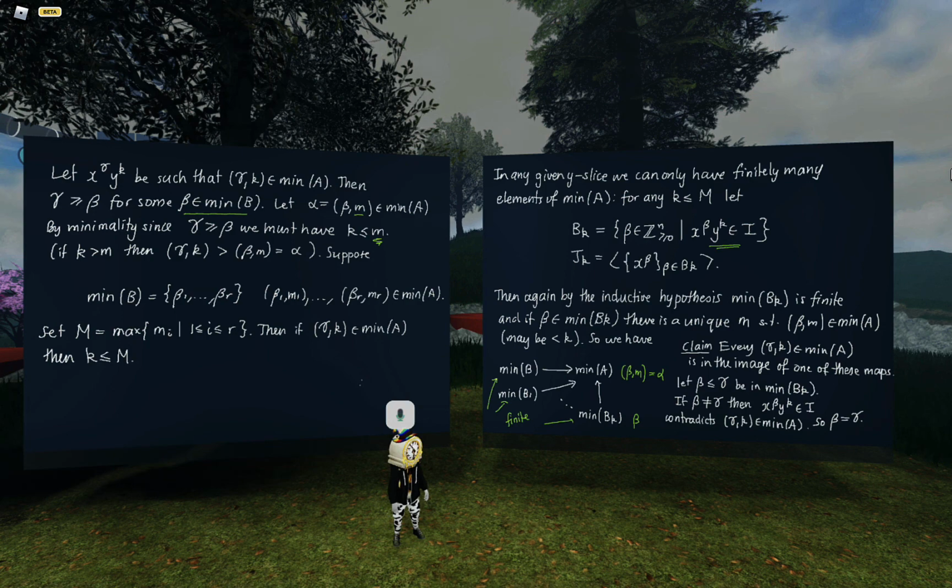But that means that gamma k is exactly the corner that's associated to a minimal element gamma of min bk. So it's in the image of one of those maps. And therefore, everything in min A is in the image of one of those maps. And so min A is finite. And so we're done with the inductive step.